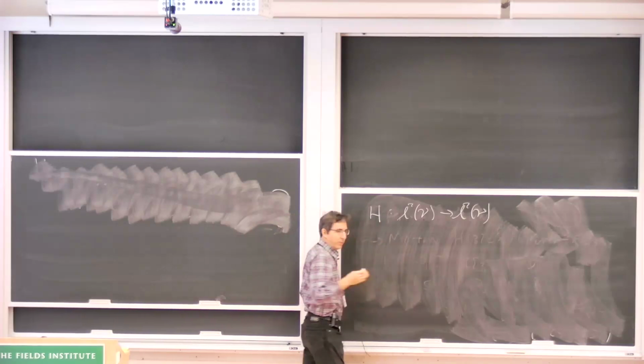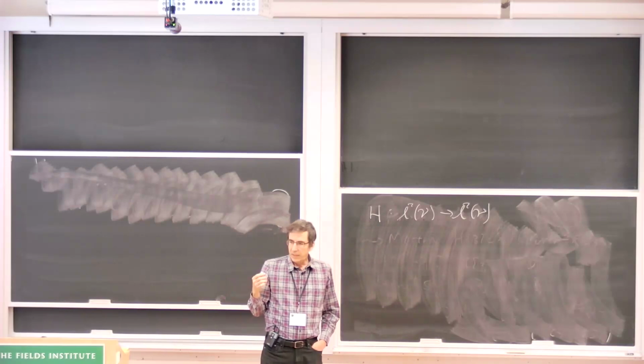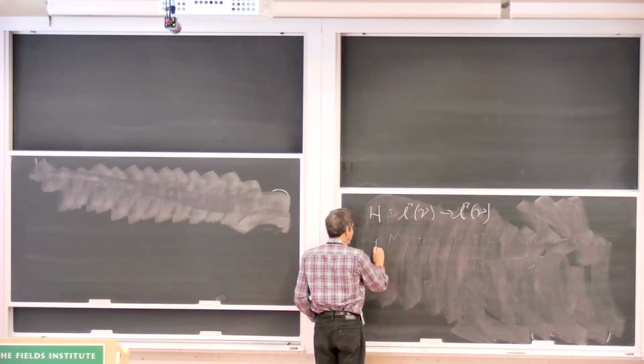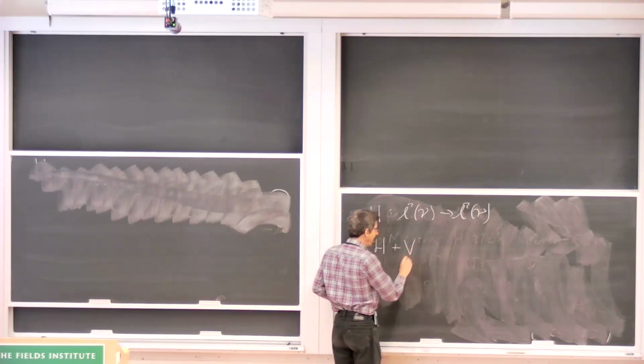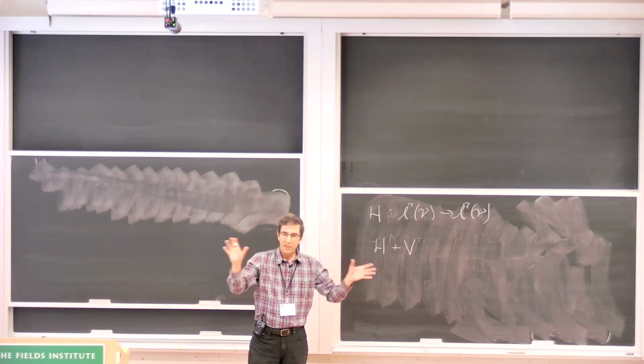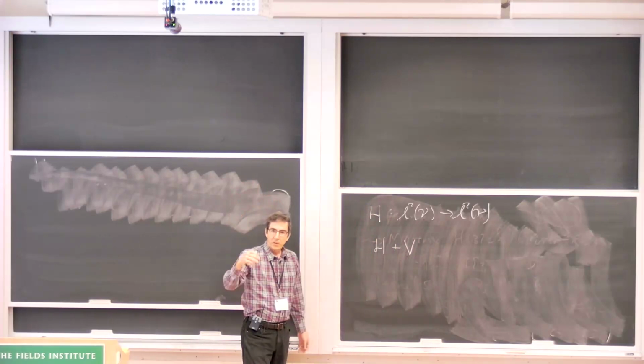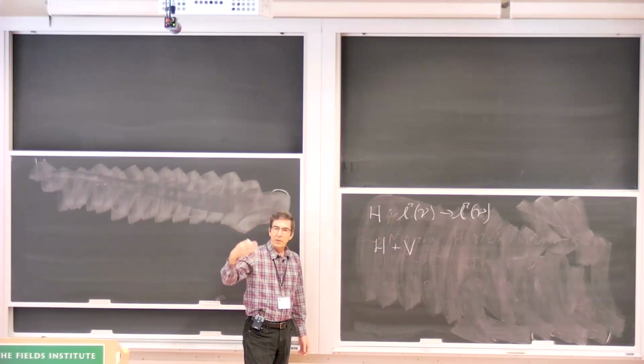One of the interesting problems in physics has to do with defect states. If I put a local defect on H, so I add some potential V, where this V on the whole periodic graph vanishes everywhere except at a finite number of vertices, that's called a local defect. And you want to know if a local defect can produce eigenvalues.